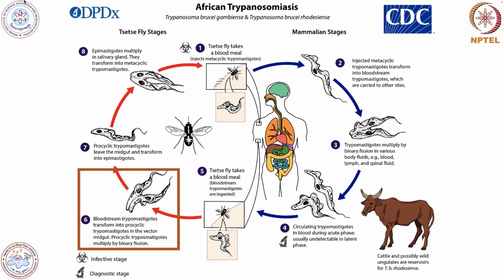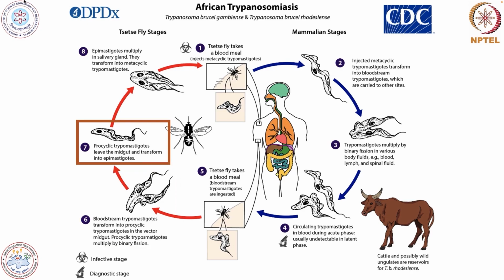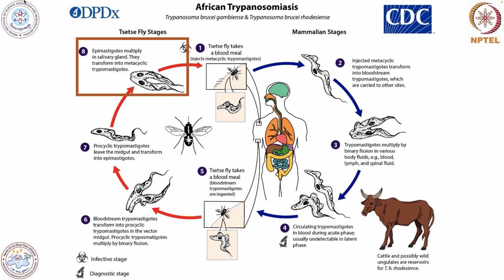They leave the midgut and transform into epimastigotes. The epimastigotes reach the fly's salivary gland and continue multiplication by binary fission. Here you can see it keeps on multiplying and making trypomastigotes. The cycle in the fly takes approximately 3 weeks.